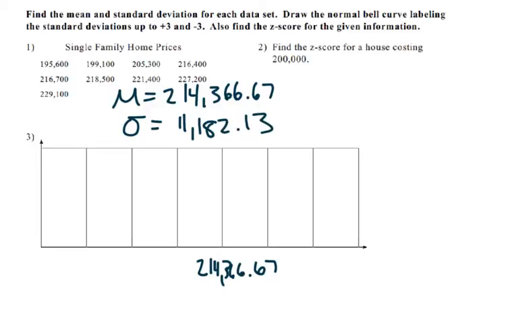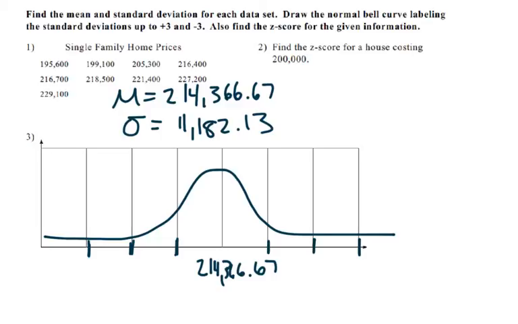For one, two, and three standard deviations away, you would just take those numbers and add them and subtract them to fill that out.